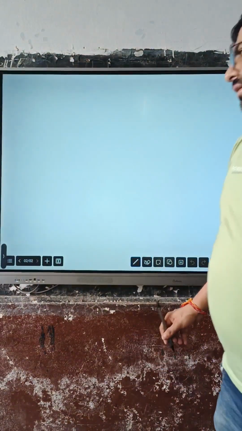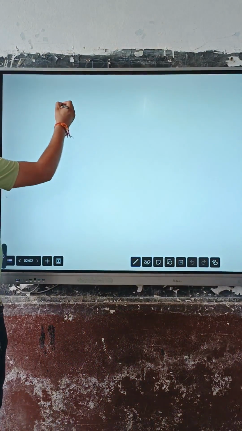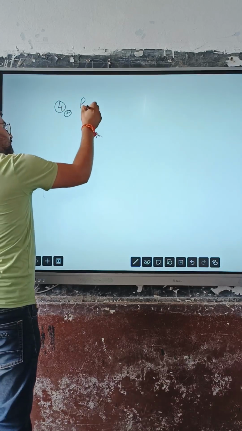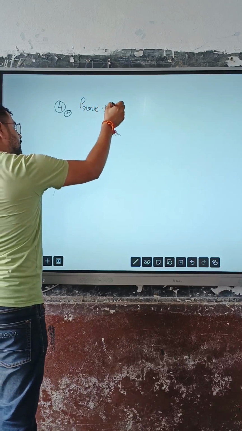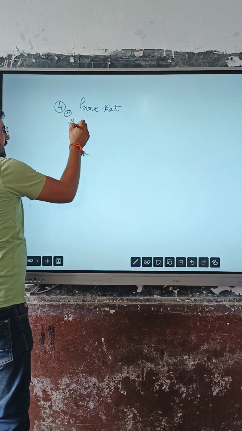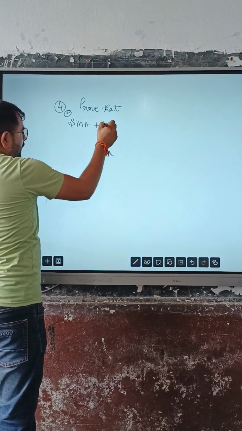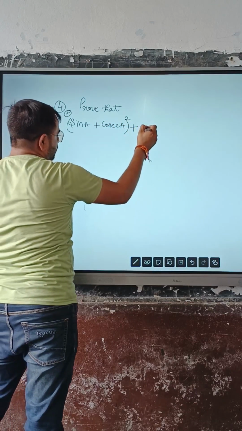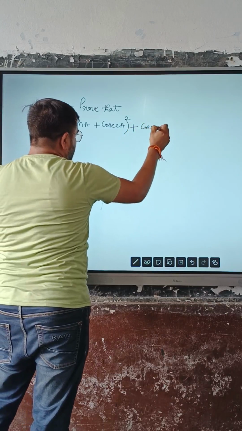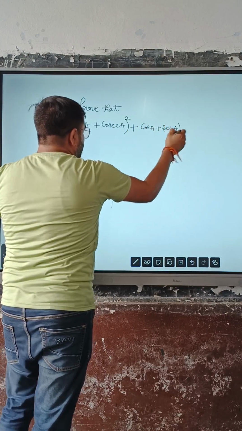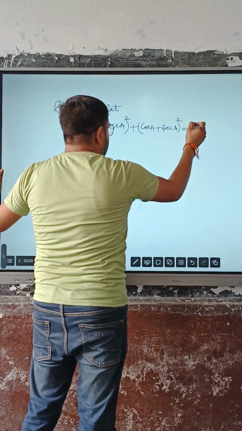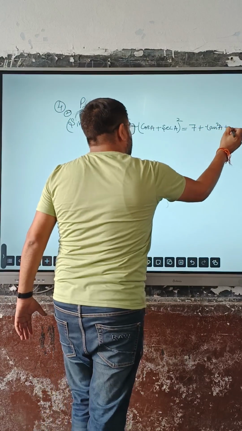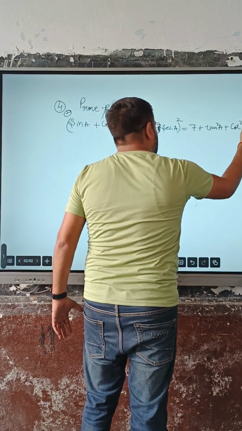We have to prove, second question, prove that (sin a plus cosecant a) whole square plus (cos a plus secant a) whole square equals 7 plus tan square a plus cot square a.